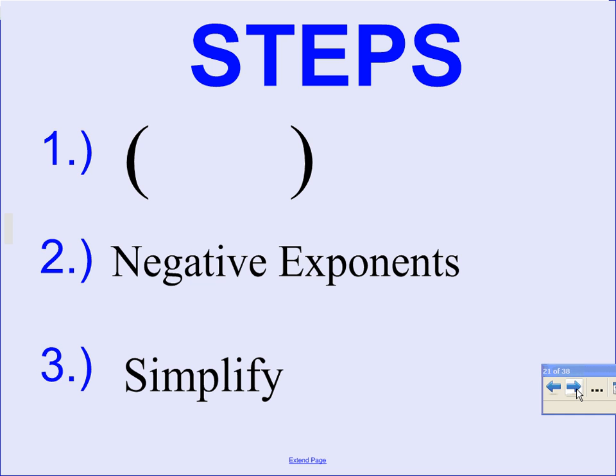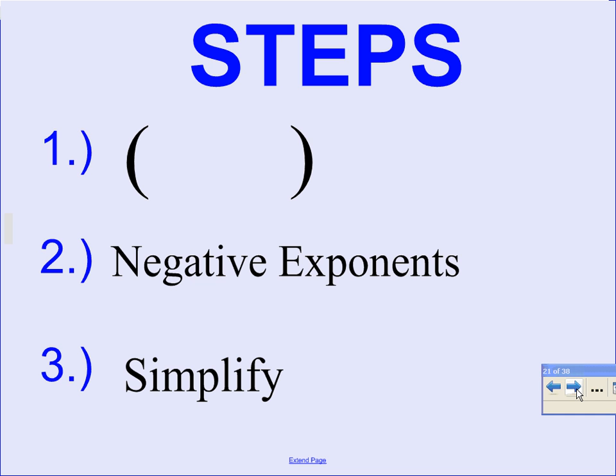Second thing you need to do is get rid of the negative exponents. And then the third thing you need to do is simplify everything using those rules. So step 1, get rid of the parentheses. Step 2, get rid of your negative exponents. And then step 3, just simplify everything using the rules that we just went over.